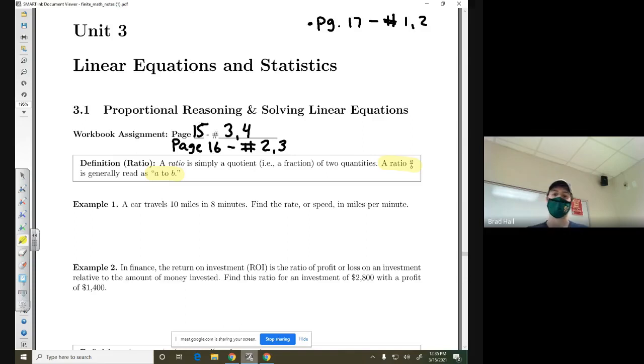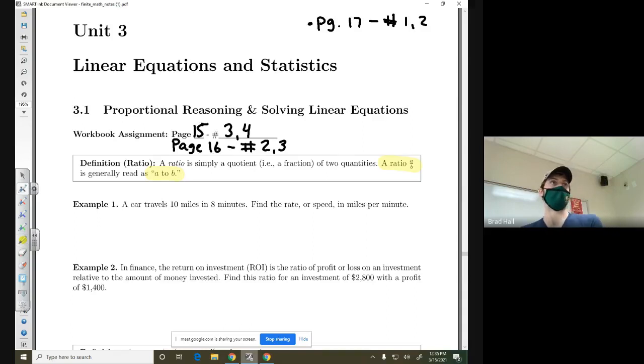For example, we use ratios all the time when dealing with the speed of a vehicle: miles per hour. Miles to hour would be the ratio in that situation. We use these quite a lot more than we understand.